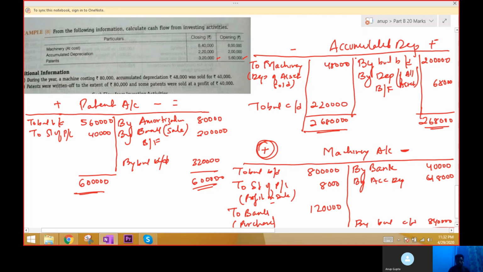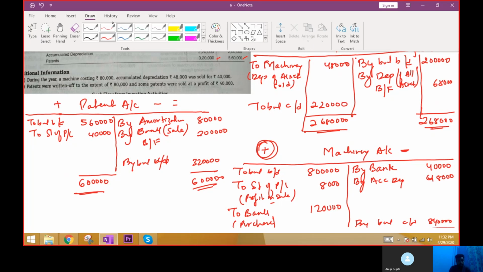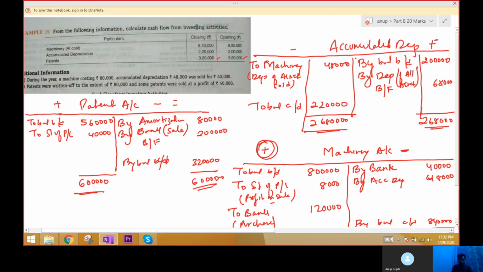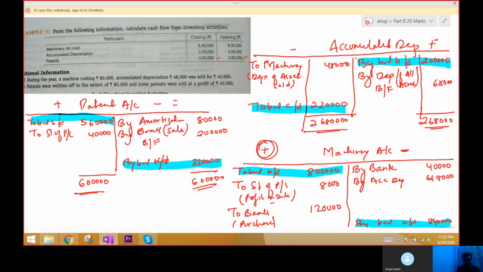Now let us see which amount will go in which activities. The moment you make the ledger, the opening and closing balances are of no use for all the accounts. So all the blue highlighted things are of no use now.